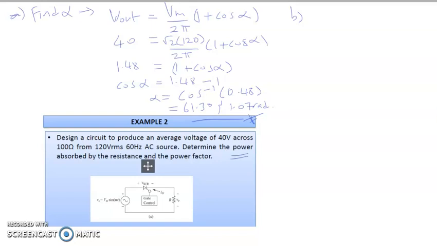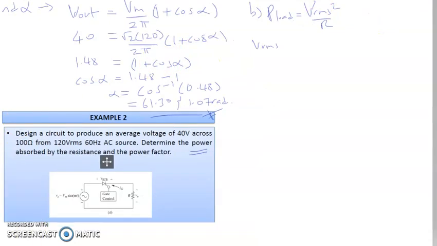So B, what is the power? So P equal to V squared over R. It's the same. So VRMS of this half-wave semi-control circuit is equal to VRMS equal to Vm divided by 2 times the square root of 1 minus alpha over pi plus sine 2 alpha over 2 pi.